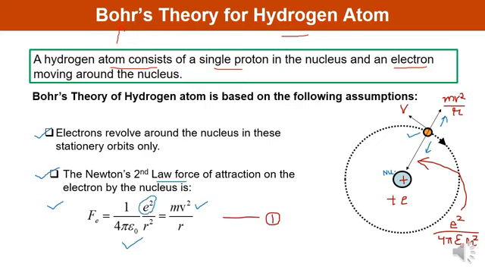And what is k? k is 1 upon 4 pi epsilon naught. So this is how this particular term arrives, and you can equate these two forces. This is what we have mentioned as equation number 1.